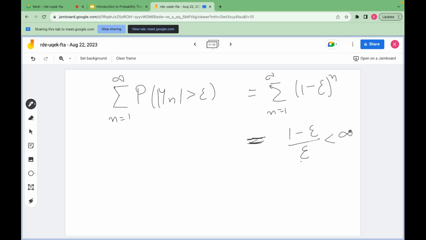And this is less than infinity, right? Epsilon is a value between 0 and 1, so for all values of epsilon, this will be some finite quantity, right?